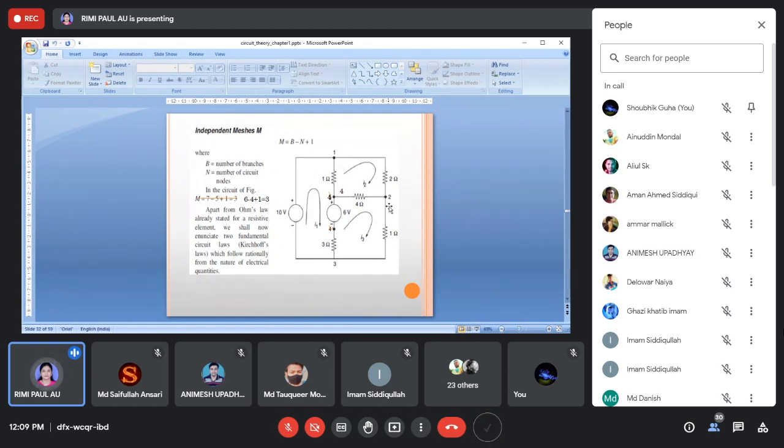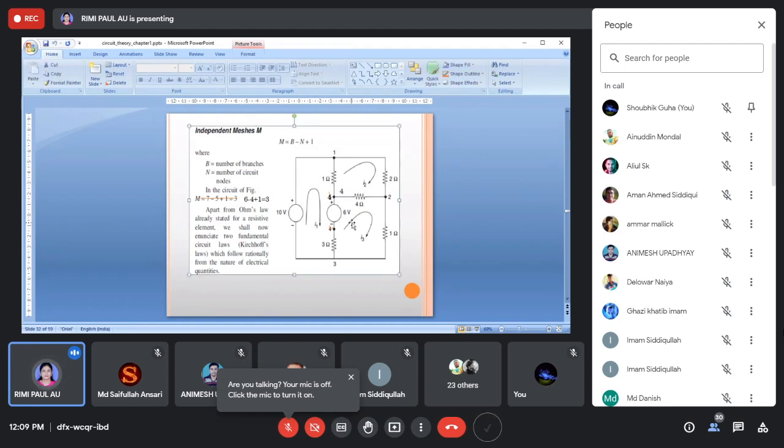So if I want to find out the number of meshes, I'll discuss graph theory also, but for now, if I want to find out what branches, nodes and loops are present in this circuit, then how to define them?